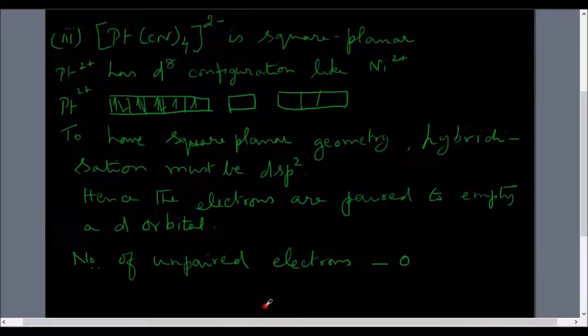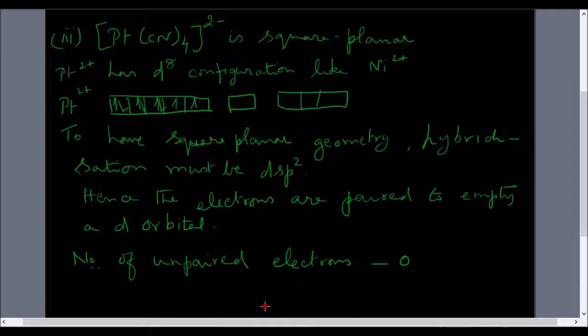The third question, the given ion is tetracyanoplatinate 2 minus and it is said to be square planar. So, here platinum occurs in the same group as nickel and palladium in the d block. Okay, nickel, palladium, platinum occur as one group, and so Pt2+ also has d8 configuration like Ni2+.